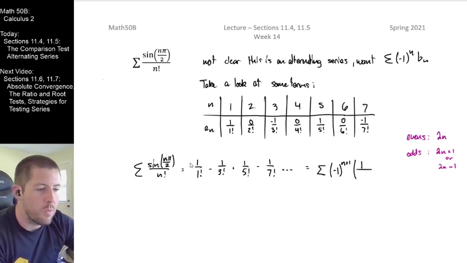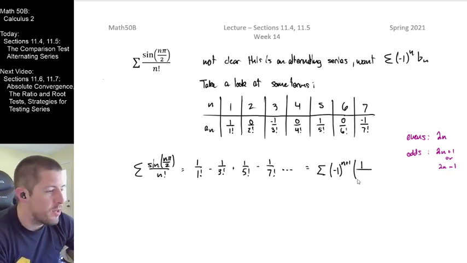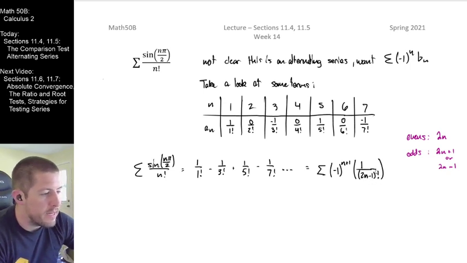If I do 2n plus 1, then when I plug in n equals 1, I'll get 3, but that's not what I want. If I do 2n minus 1, I'm going to get 2 minus 1 is 1 for the first. 2 times 2 is 4, minus 1 gives me 3 for the second. 2 times 3 for my third term gives me 6, minus 1 is 5 for the next. So it does seem appropriate here that a 2n minus 1 factorial seems to be my denominator term.